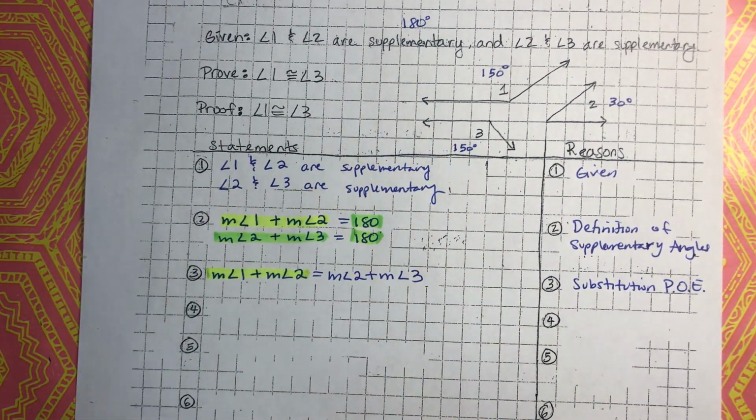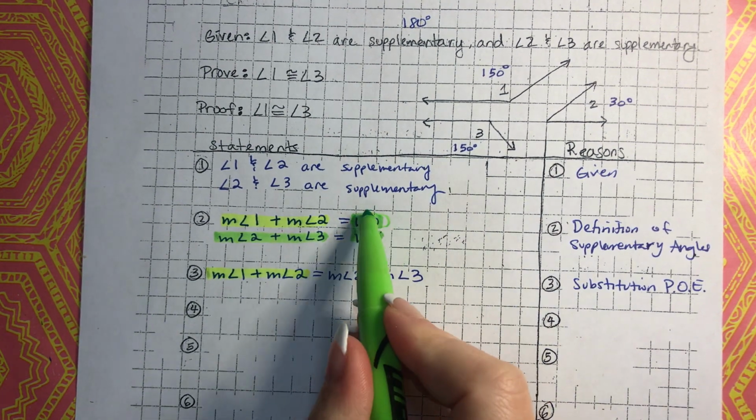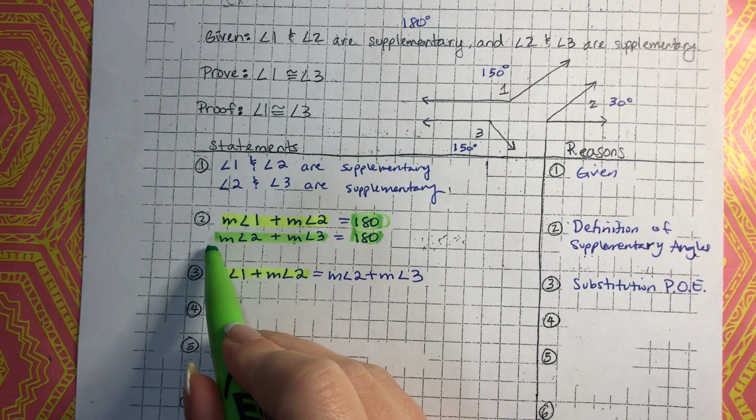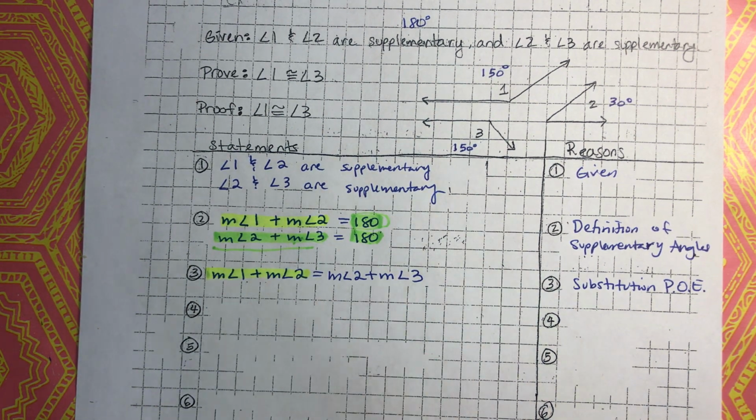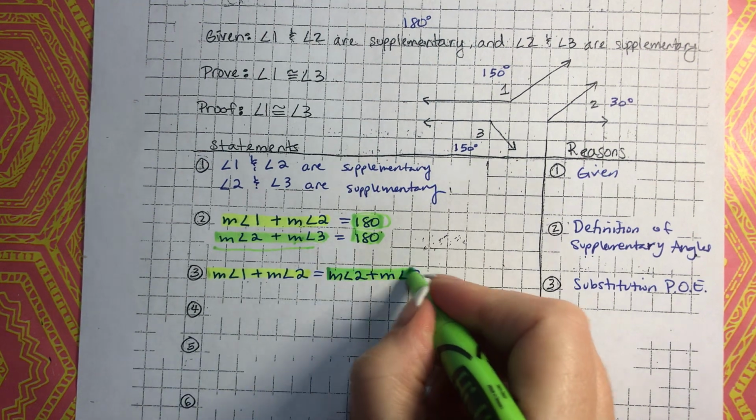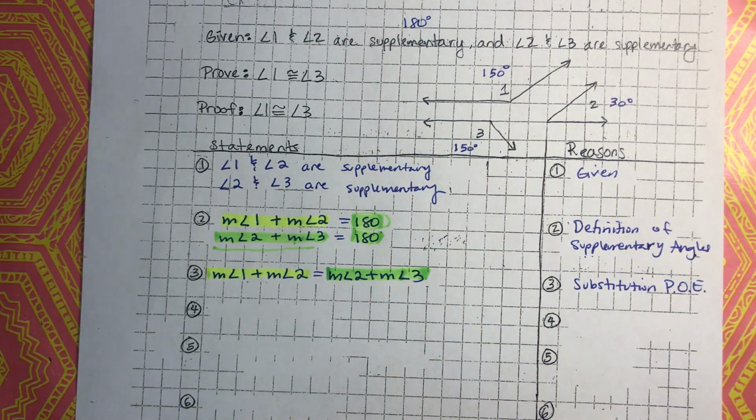But instead of writing 180 here, I'm substituting what it equals, which is right here, and putting that in for 180 degrees. So that's going right there. Okay? All right.